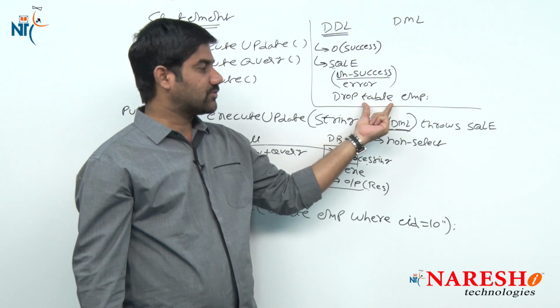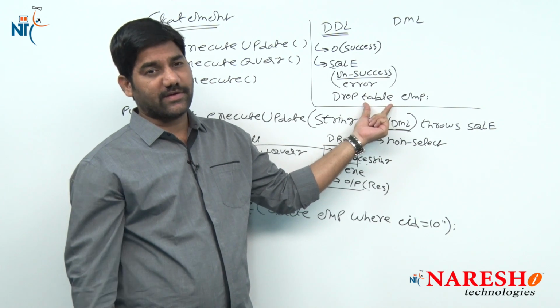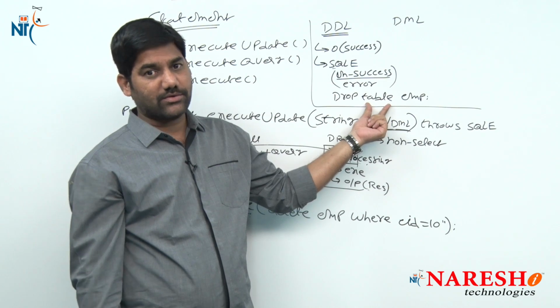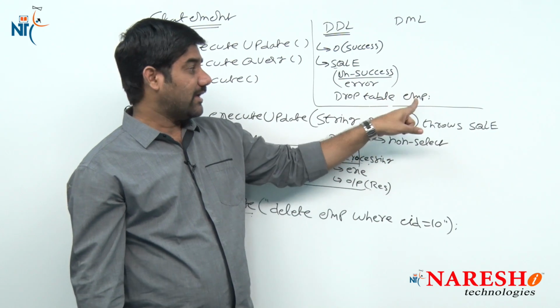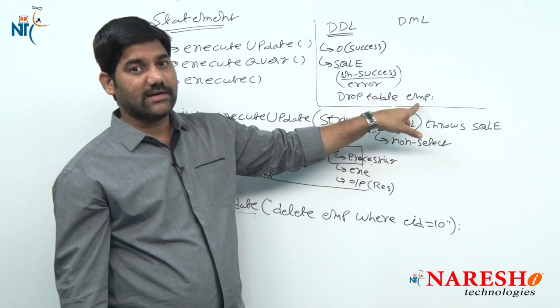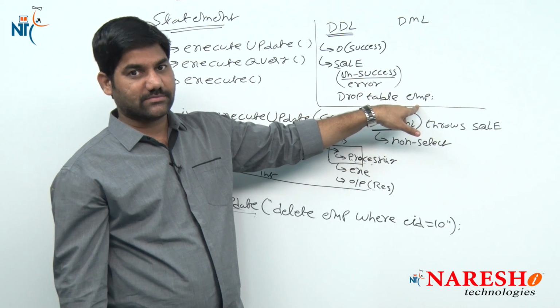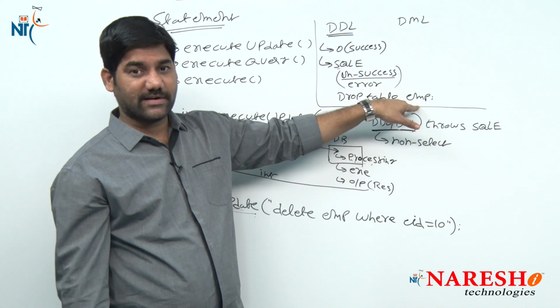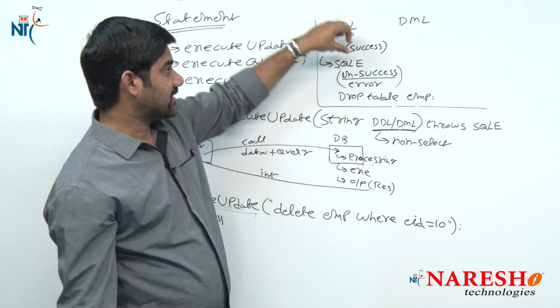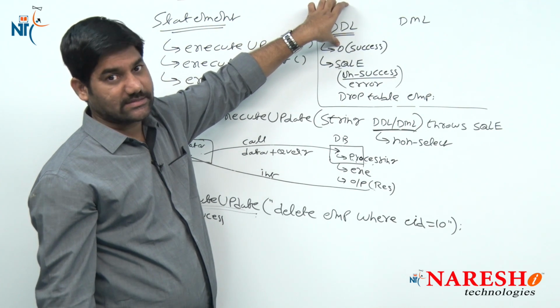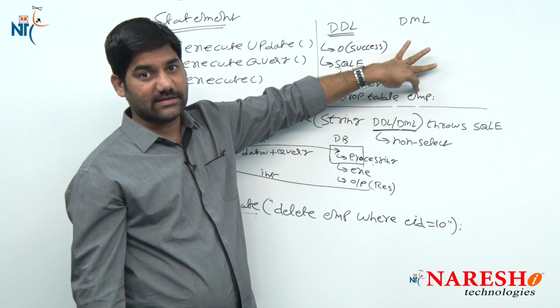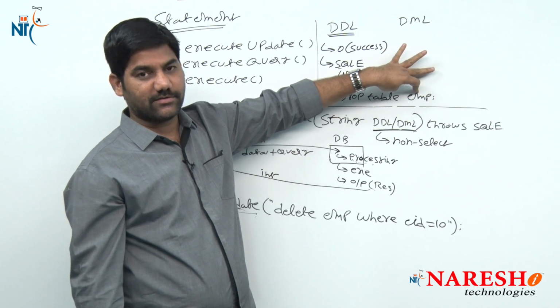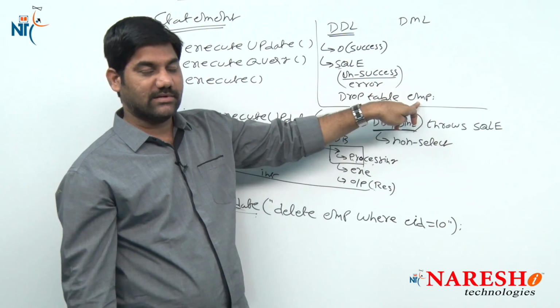So, based on this query, how many employee records are affected? No records are directly affected. But what happens? The employee table is successfully removed from the database, but the number of records affected is nothing. That is why it returns 0 on success. The table is dropped, but records are not affected directly. Indirectly affected, of course, but not directly.